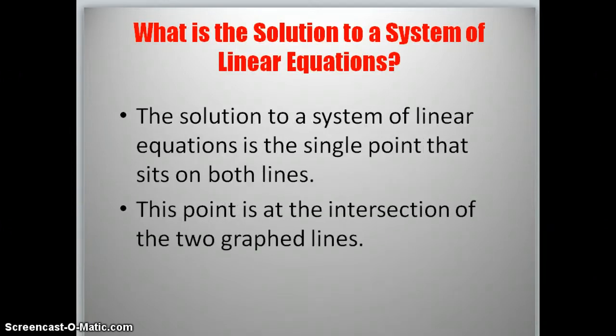Now, if we're looking at the solution to a system of linear equations, we want the one point that will sit on both lines at the same time. Once we graph our two lines, we'll see that this point is the intersection of those two graphed lines. It's the only point that those two lines will share.